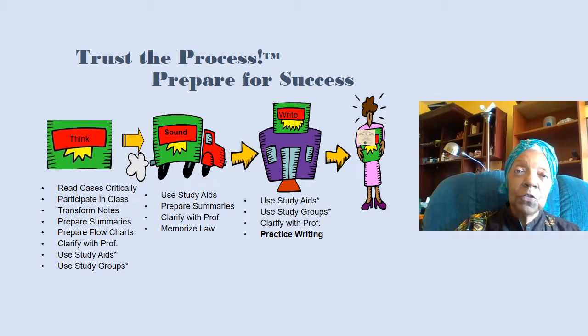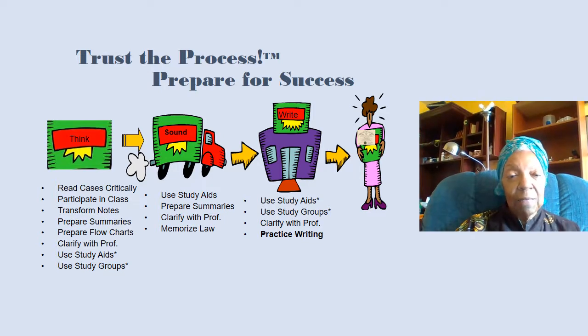You have to identify part of your time for preparing for class and part of your time for preparing for exams. And in that exam preparation time, you need to practice issue spotting and writing.